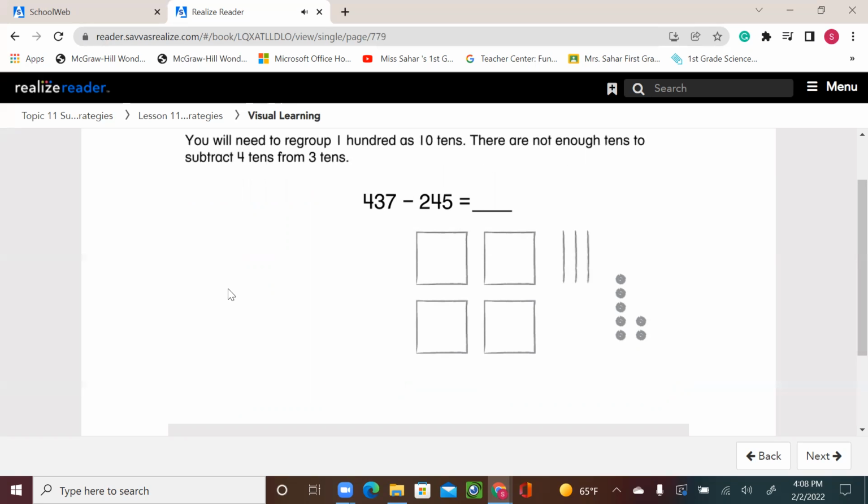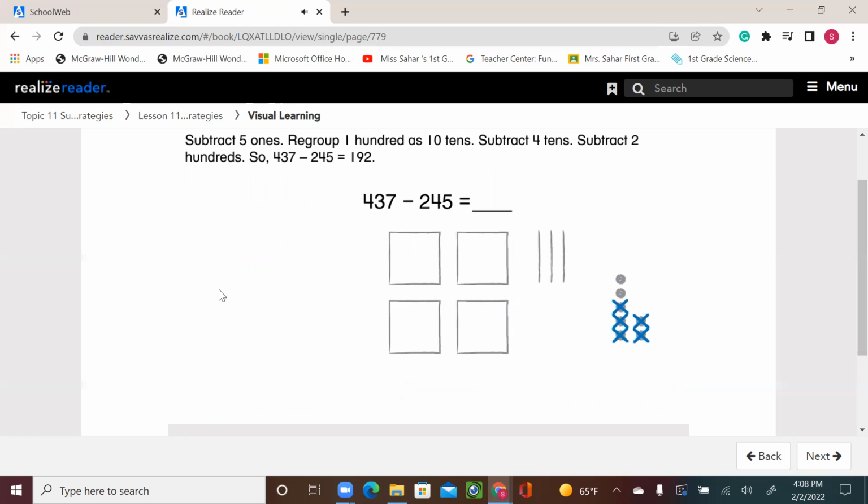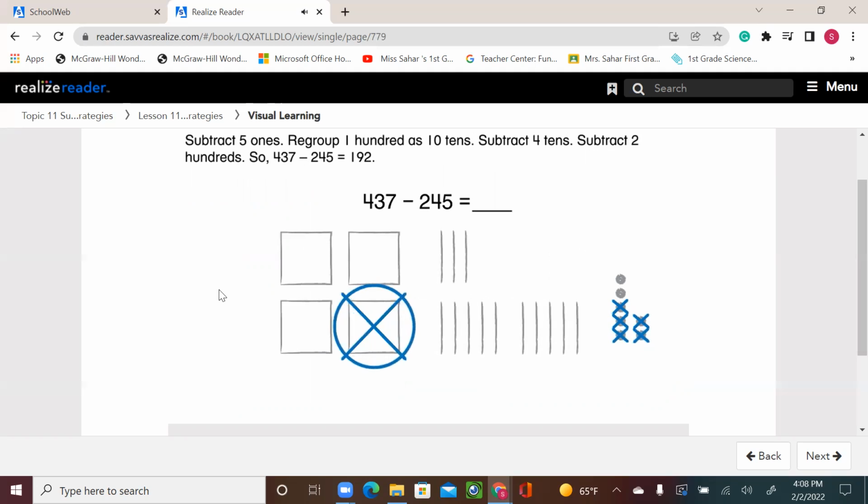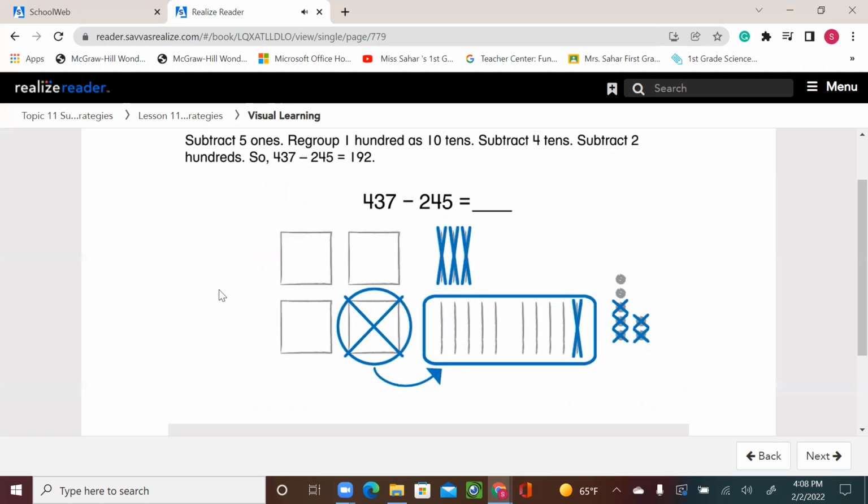You will need to regroup 100 as 10 tens. There are not enough tens to subtract 4 tens from 3 tens. Subtract 5 ones. Regroup 100 as 10 tens. Subtract 4 tens. Subtract 2 hundreds. So 437 minus 245 equals 192.